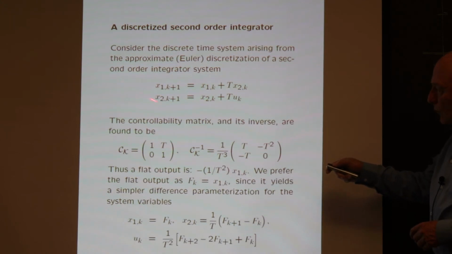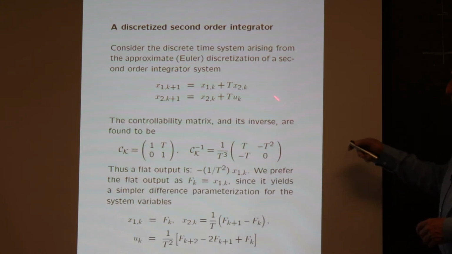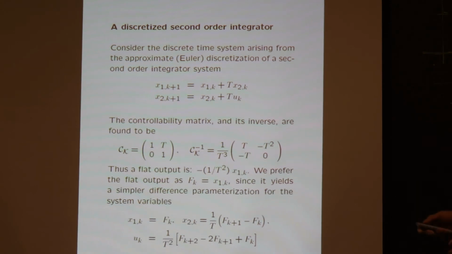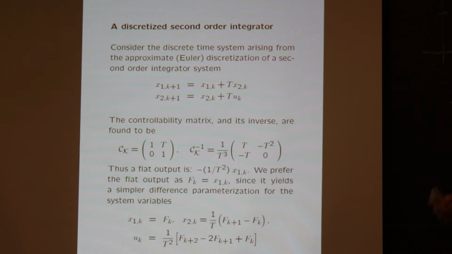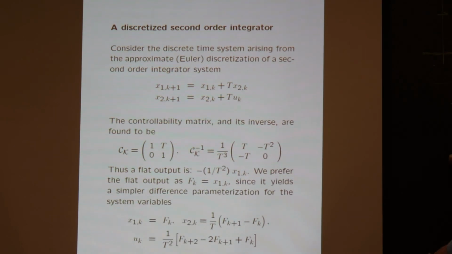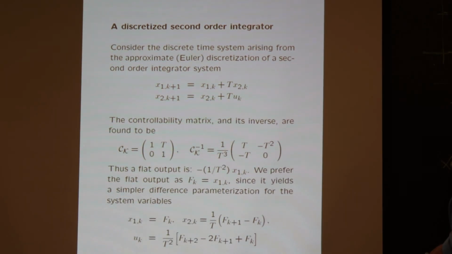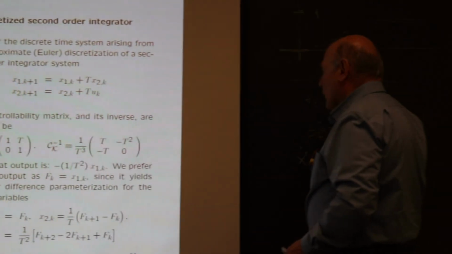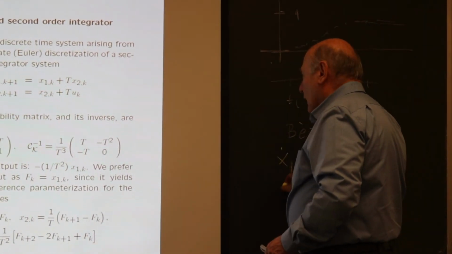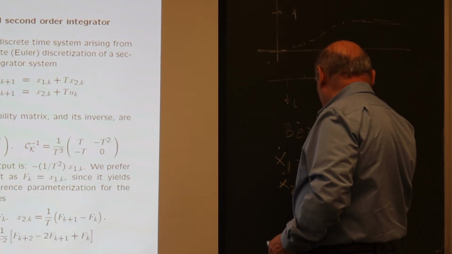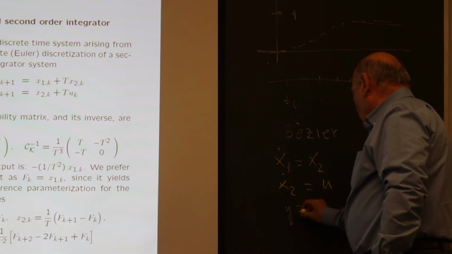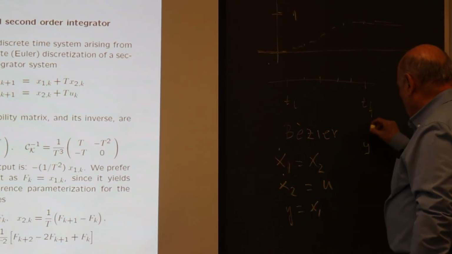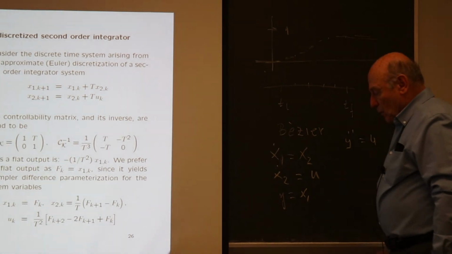Then, if we take T to be the natural step instead of 1, you will have this sort of approximation, in which you have x1 dot equals x2, x2 dot equals u. This is a simple second order system. That means that if your output is x1, you have y double dot equals u.